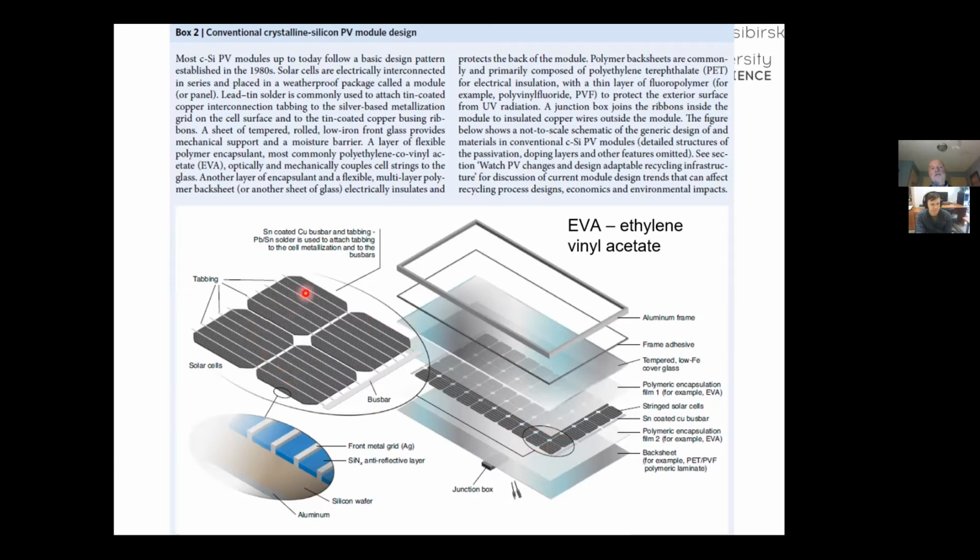Here you see 4 PV cells. Okay, so each one of those nearly square grey squares there is a PV cell. And the fact that the squares are cut at the corners probably means that it's a monocrystalline cell, because the single crystal is usually grown in a cylindrical form.